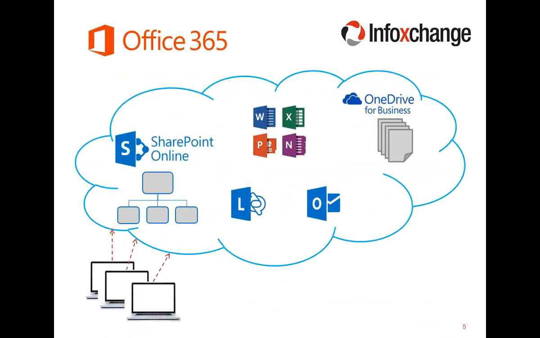Every user gets their login and they go into the browser and log into different applications, and it's all covered. So you've got things like, obviously, Outlook in the cloud. You've got Office web apps, so you can open up Word, PowerPoint documents in the browser. You've got Lync, which is Microsoft's instant messaging platform. And you've got SharePoint Online and OneDrive for Business, and obviously that's what we're focusing on today. And I'll go into the difference between OneDrive for Business and SharePoint Online later.